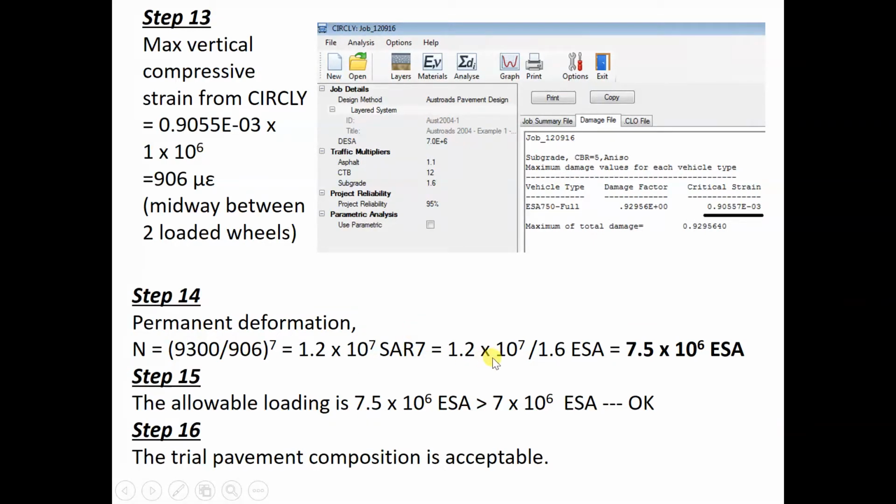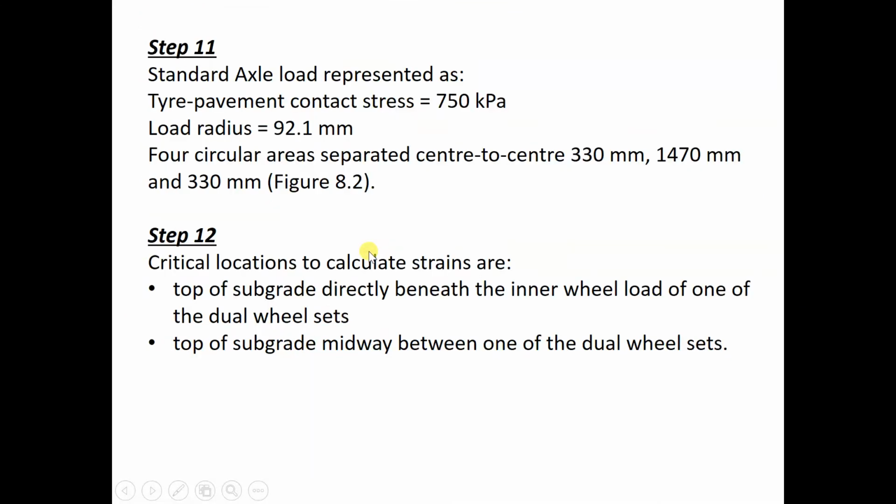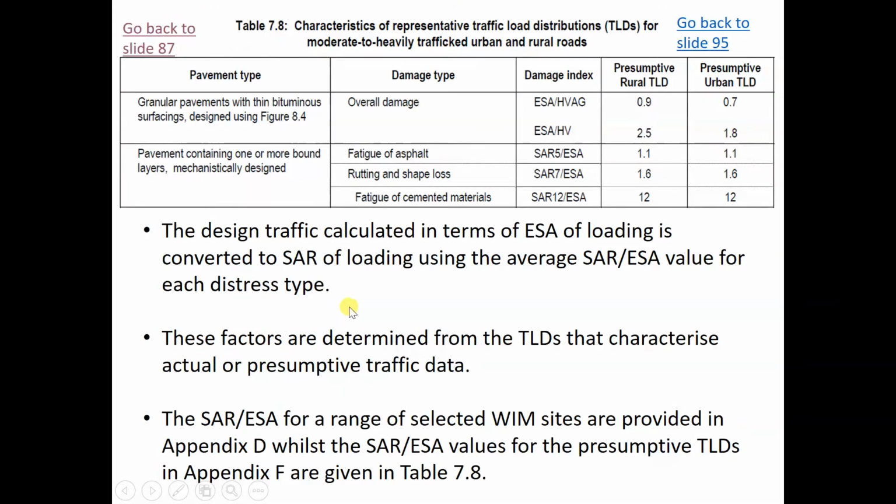So to change it to the ESA, in this case we just divide by 1.6, because you see the subgrade. I think I can show you this one. SAR 7 divided by ESA equals 1.6.